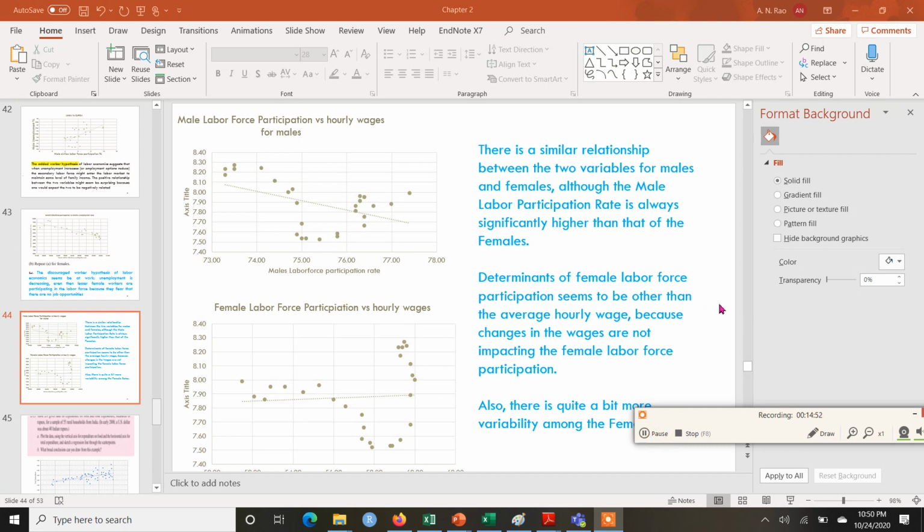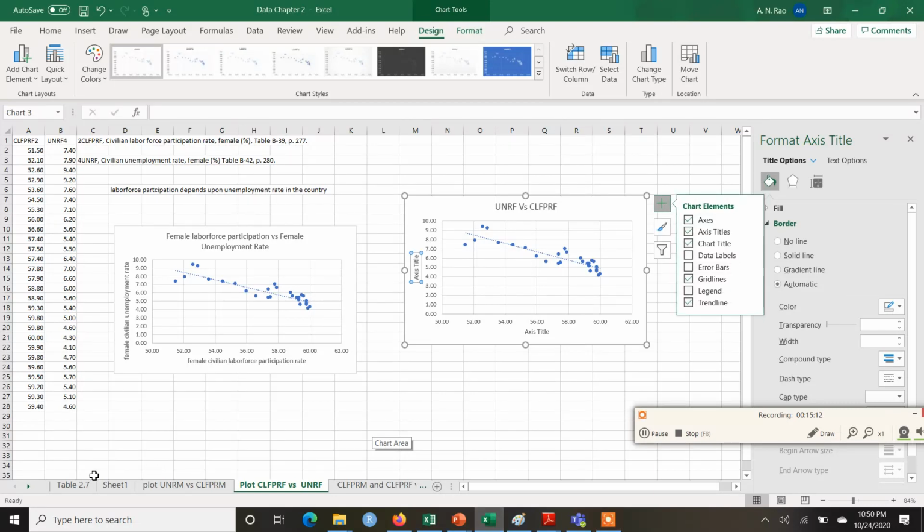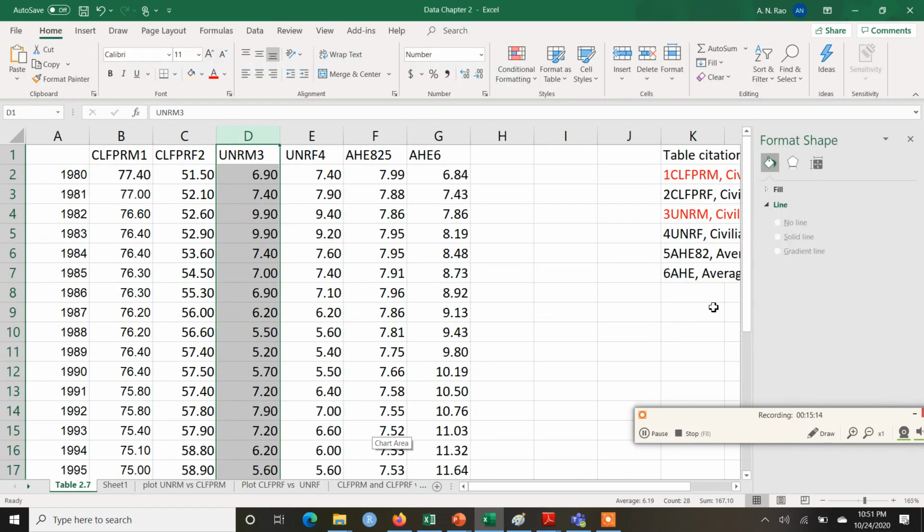Okay, so part C of this question is asking that we have to plot labor force participation rate of males against their hourly wage rate, and then repeat this activity for females, and then we have to comment and compare the nature of the relationship. So both these variables, as I said, are available in table 2.7. There are a couple of other variables.